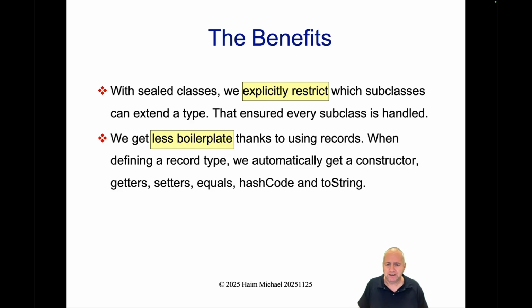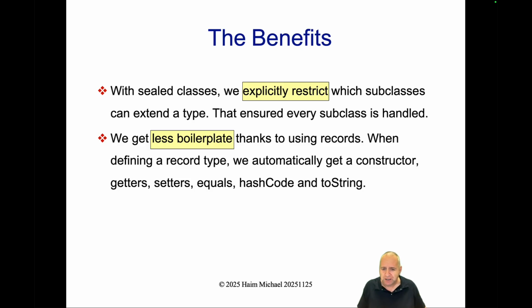So what are the benefits when implementing visitor using sealed classes, records, and pattern matching? First, with sealed classes, we actually explicitly restrict which are the subclasses that can extend the interface, the expression interface in our code sample or any other interface when implementing visitor.